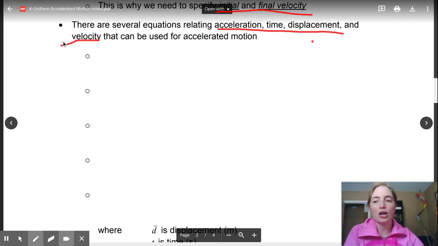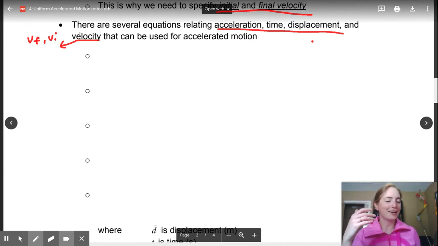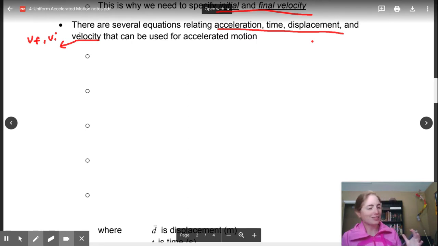Now with velocity, you're also going to have your final velocity and initial velocity. So each of these 5 pieces of data are going to be in these equations. But one of them is going to be missing in each. Okay, so we've got 5 acceleration equations that we are going to be using, and in each of these equations, one is missing. All right.